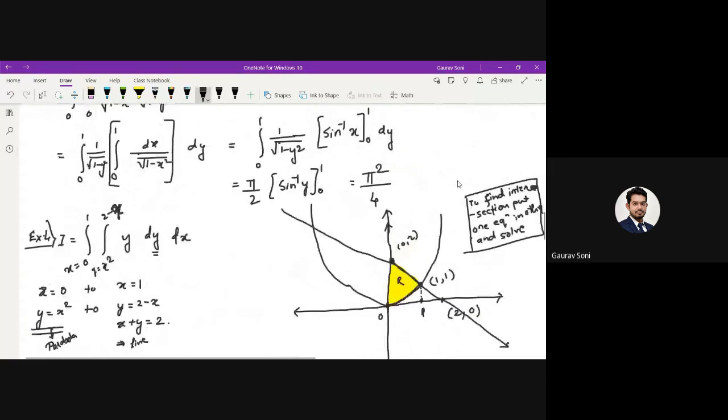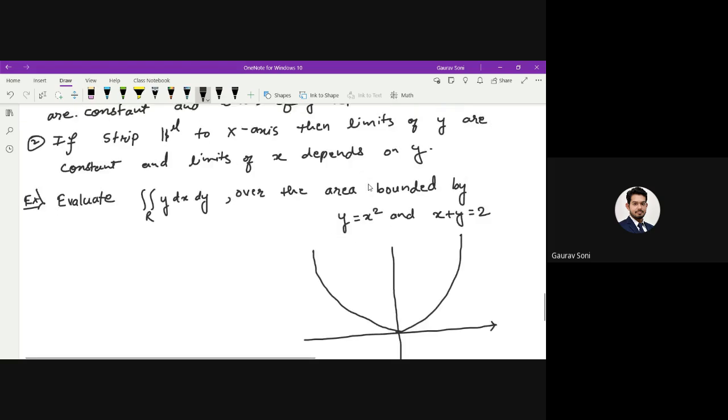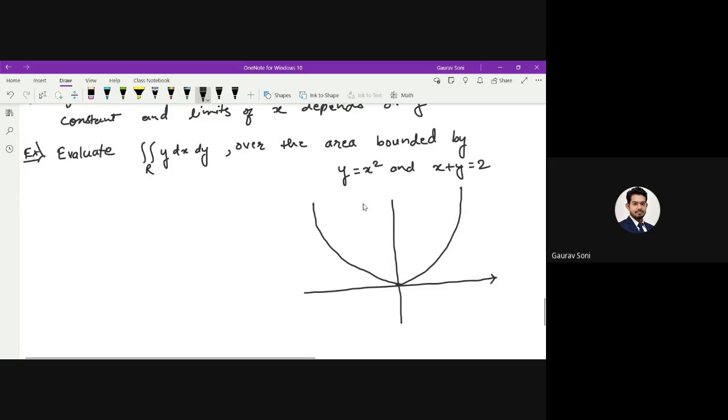The limits were given to you. Let's just change this example.